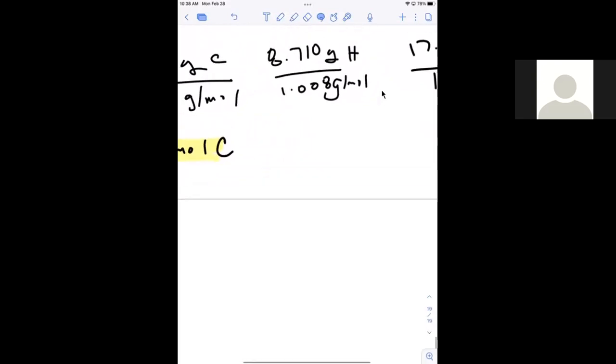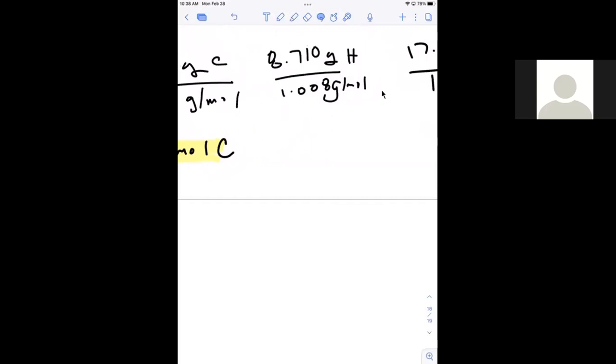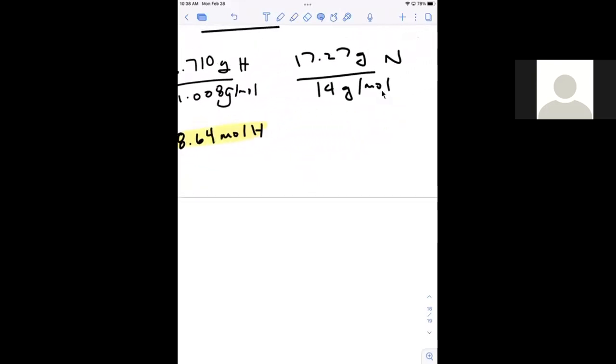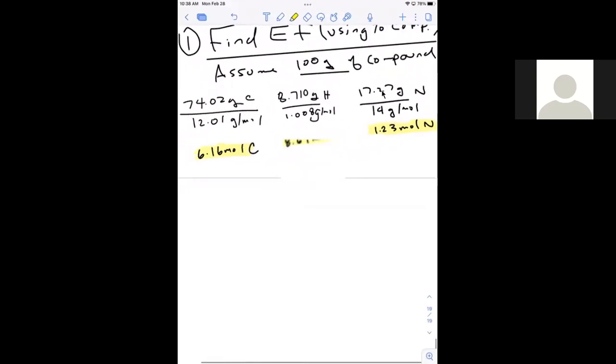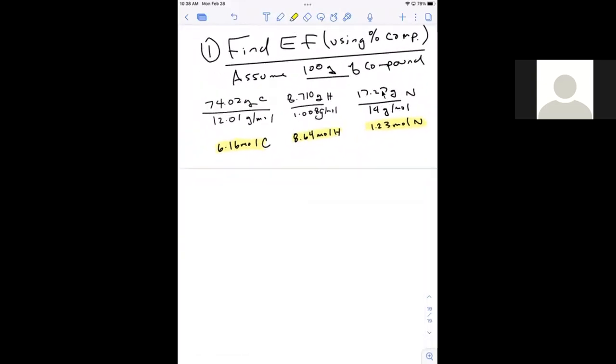And then for hydrogen, there's going to be 8.64 moles of hydrogen. And then for nitrogen, it can be 1.23. Are these numbers matching up with what you've calculated? Yeah, that's what I got.